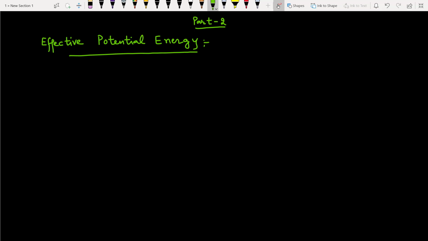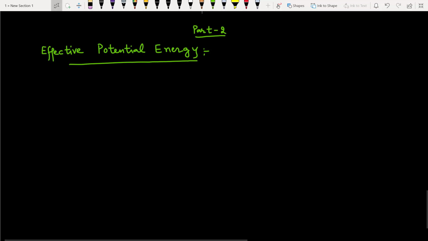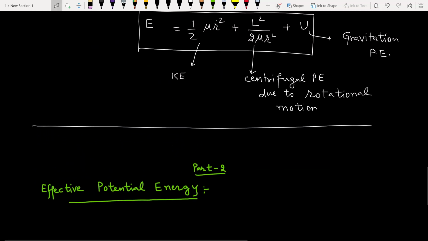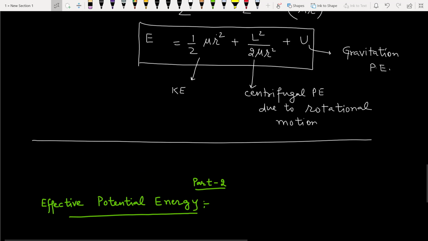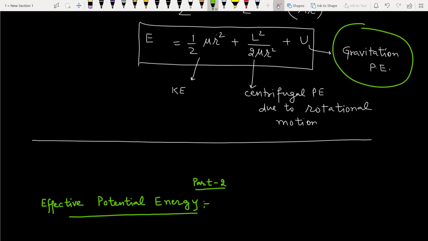As in the previous part we have studied that the total energy consists of two terms: gravitational potential energy and this term, which we named centrifugal potential energy.